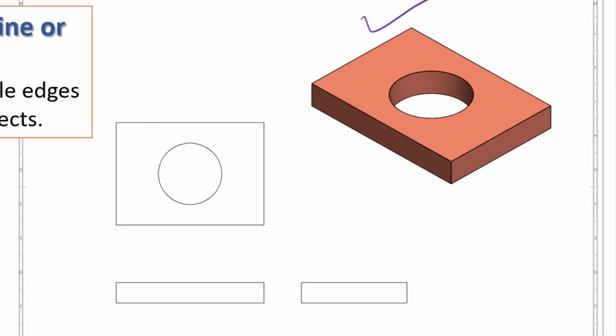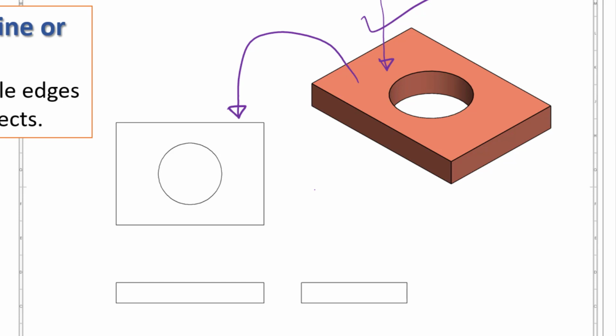So this is the object, and if you look at the object from different angles, say if we look at the object from the top, then we can draw this diagram, engineering drawing for this object.